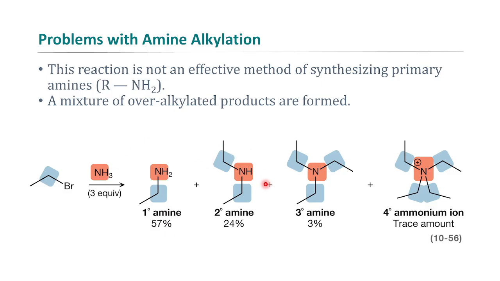And then you're going to get 25% of the secondary and tertiary is going to end up being 3%, and then the quaternary is going to be trace amounts. And partially this is because, notice we only added 3 equivalents to this, and so we're using this up each time.